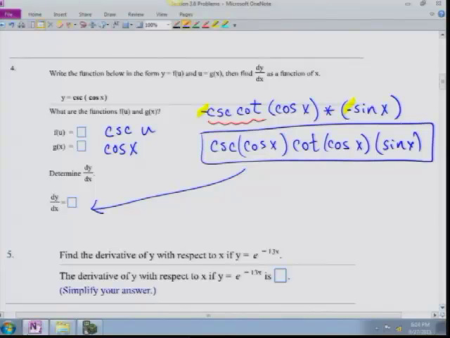Can you not cancel just the sine, like leave it as it is, because cosecant is 1 over sine? Right, or it's showing it's distributing the whole thing. I think that's the way they're going to want it. You can try what you're saying. You've got 3 chances for it.